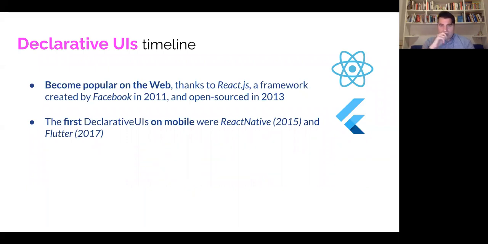I'm not going to go into much detail because I expect you know a lot about this. And Flutter really showed that declarative UI made a lot of sense on mobile, because it made development much easier compared to the traditional view-based systems.